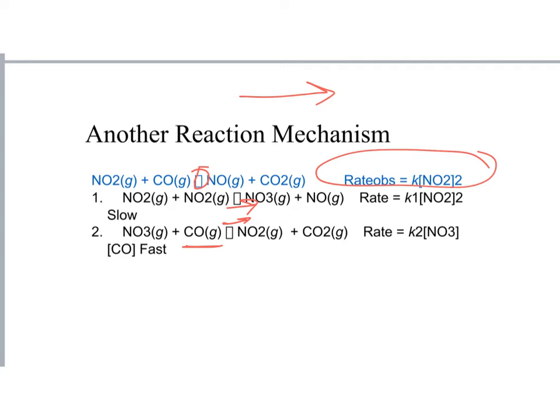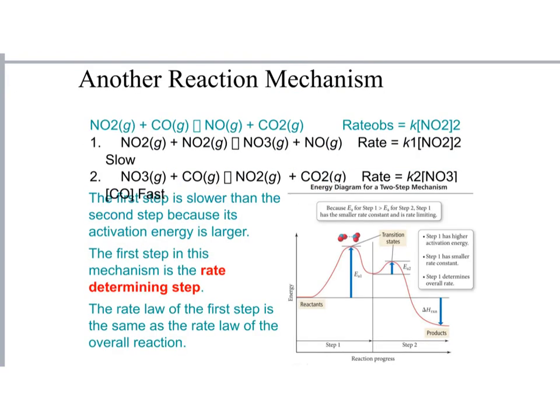It's not created for this second step. So reactants that are created for the second step are the only ones that we consider. And so this rate is equal to k2 times NO3.